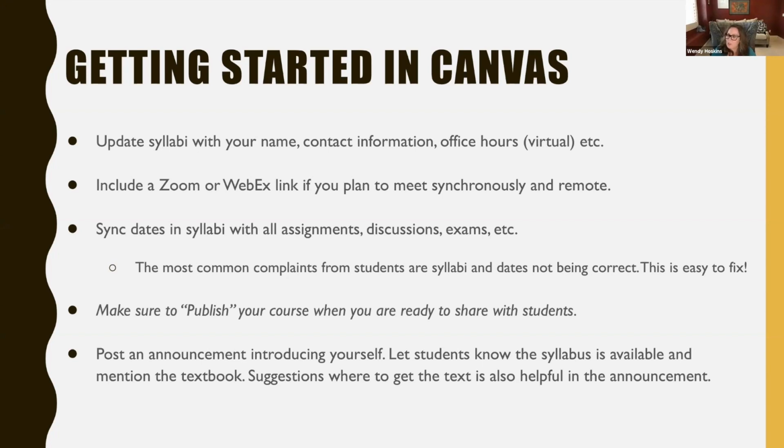Well, of course, all my dates are set for 2020. I don't want those dates showing up for my course this semester. So I have to double check my dates in my syllabus, as well as in every module and every assignment that I can in Canvas, so that everything is synced and correct.